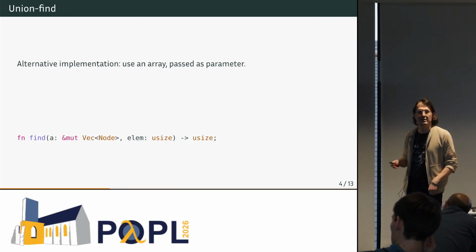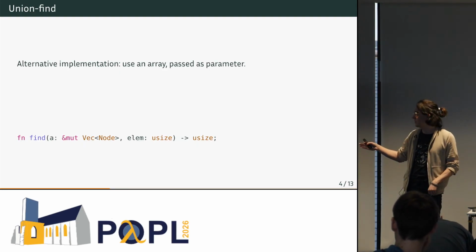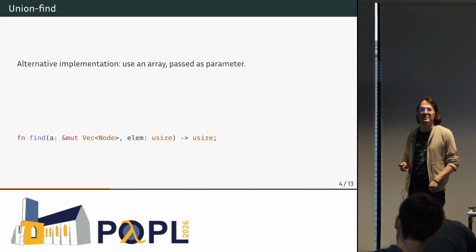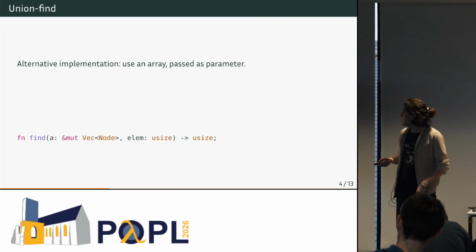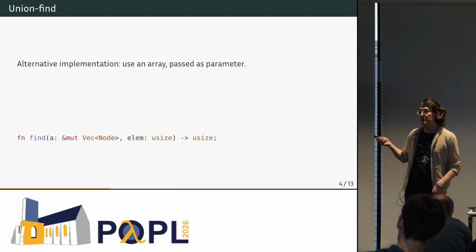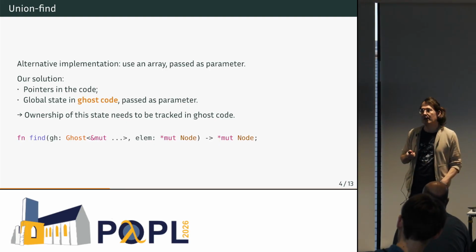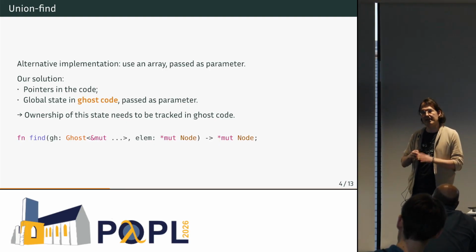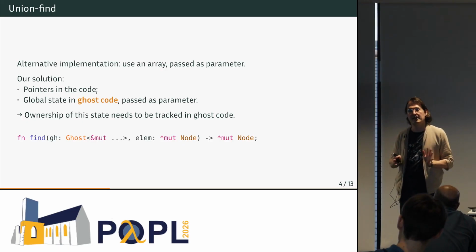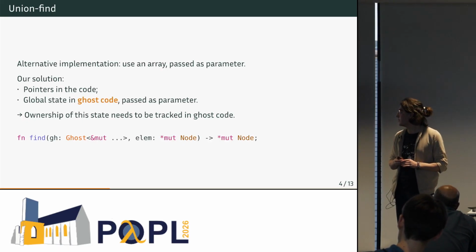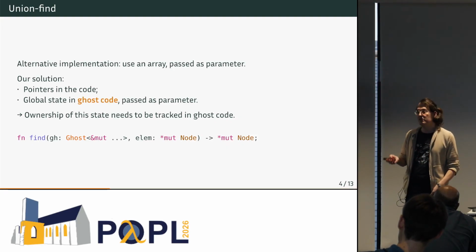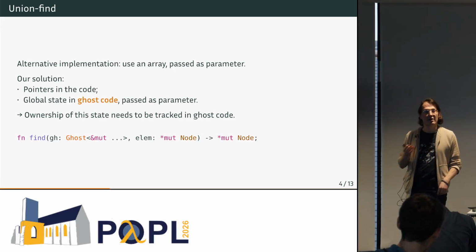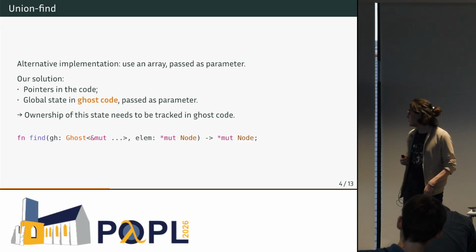So each find, each union call will get this whole array. And so reasoning about it becomes much easier. To do that with pointers, instead of this array, we'll use a piece of ghost state, a big ghost state that talks about all the pointers that our union-find is currently managing. And we'll have some relation between the pointers in the program world and the ghost state in the ghost world to make this all work.